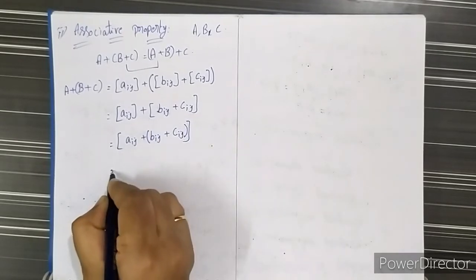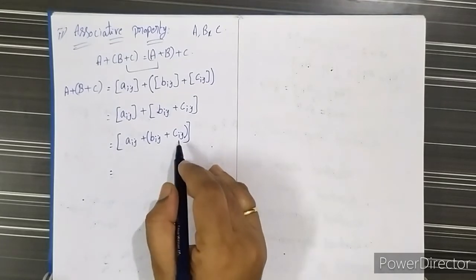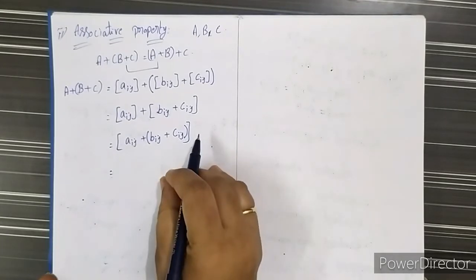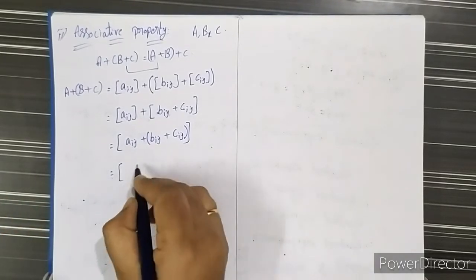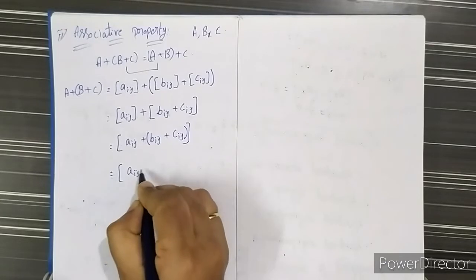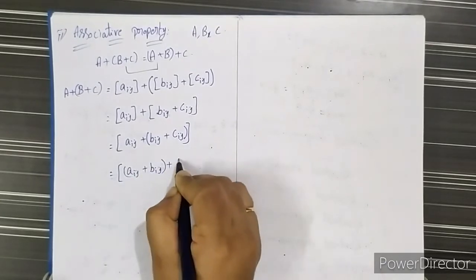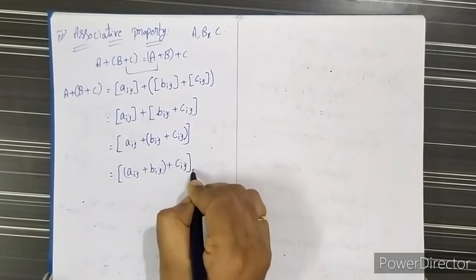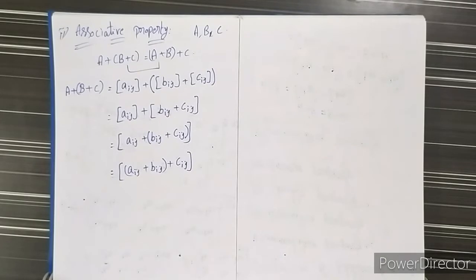That equals, we know that the elements of matrices or any numbers are associative, then this can be written as (Aij plus Bij) plus Cij, because all the numbers are associative.